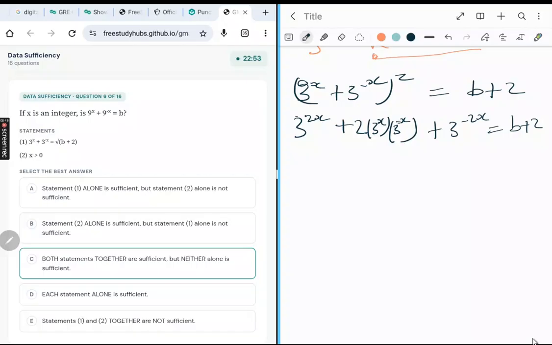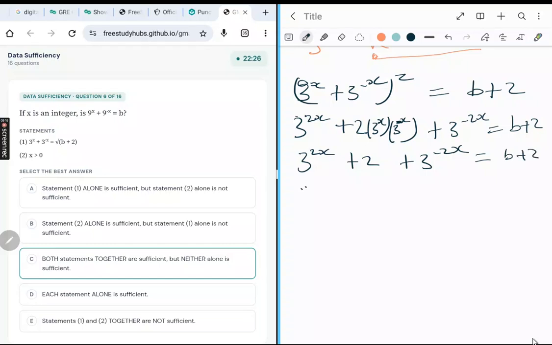This one is minus. So 3 raised to the power s times 3 raised to the power minus s: s minus s is 0, so 3 raised to the power 0 is 1. So we now have 3 raised to the power 2s plus 2 plus 3 raised to the power minus 2s equals b plus 2.